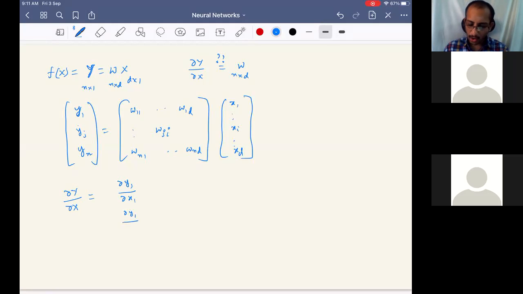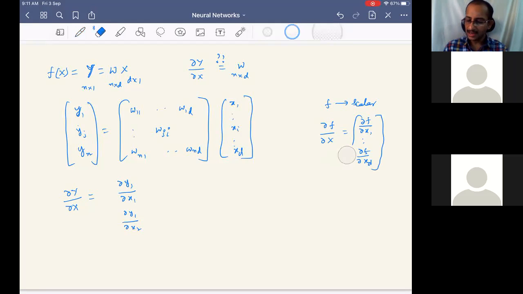See, what we have defined previously, if f is a scalar function, dou f by dou x is defined as dou f by dou x1, and so on, dou f by dou x2. This is how we define it. You remember, I hope, right? Am I correct or not? Yes, sir. Yeah, this is how we defined dou f by dou x before.